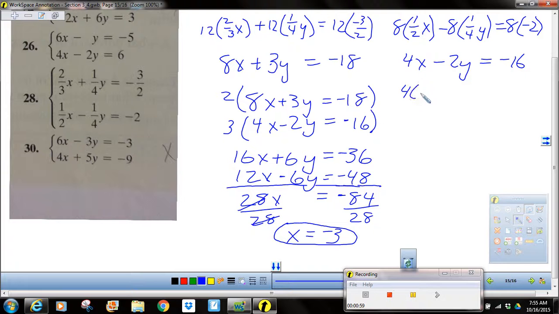4 times -3 minus 2y is equal to, see how I substituted -3 into x right up here. This has got a lot of negatives.